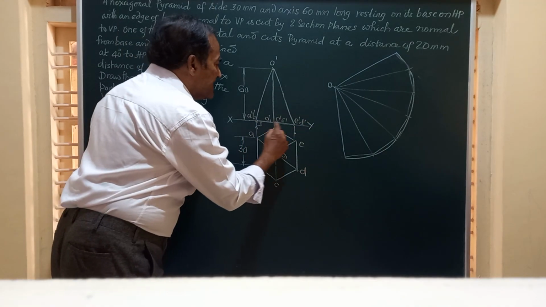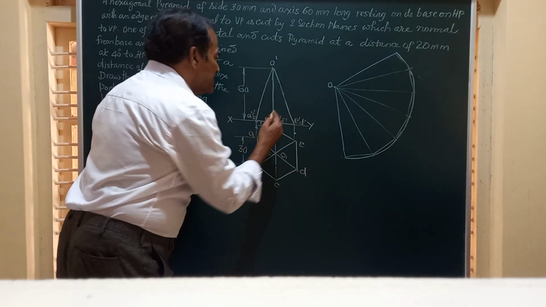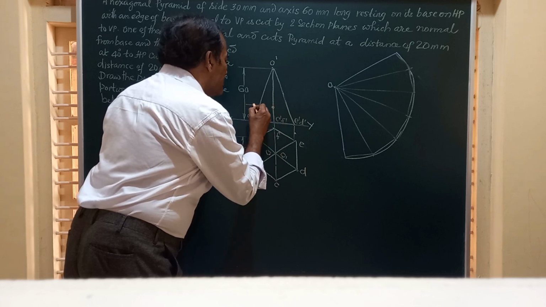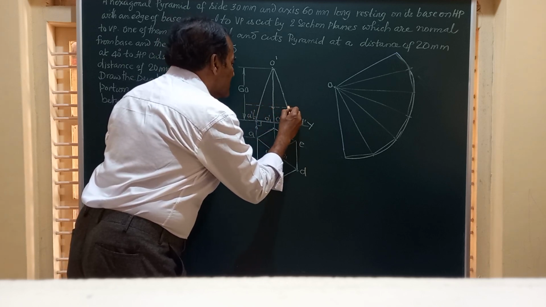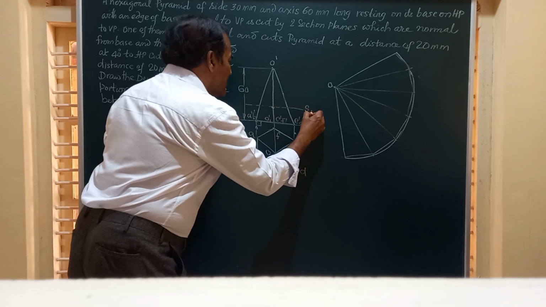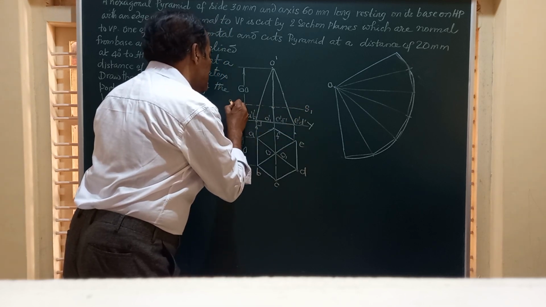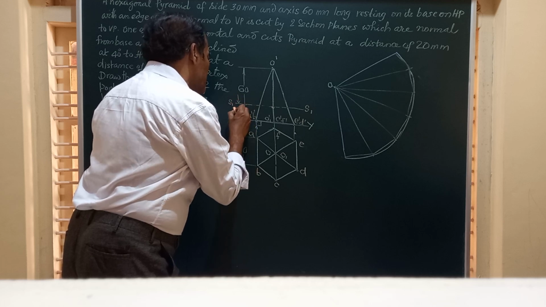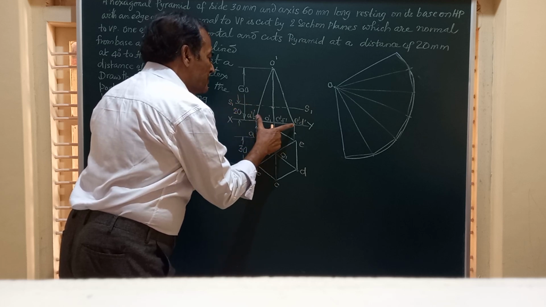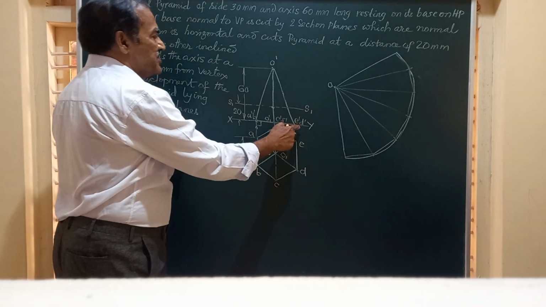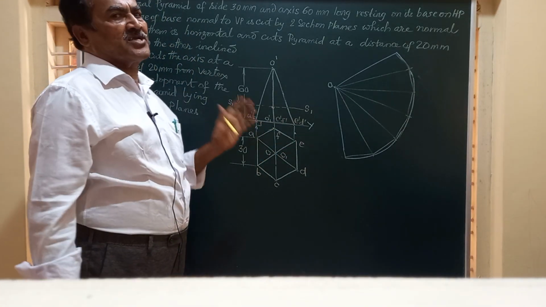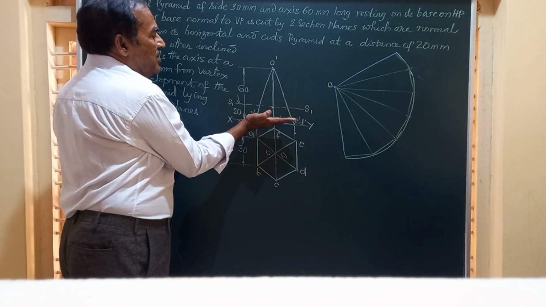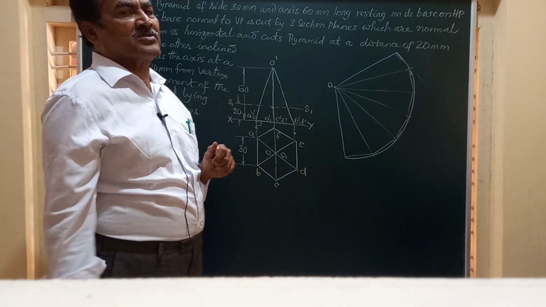So here this line represents the base and I will mark a line here at a distance of 20 millimeter from the base and call this section plane S1 S1, at a distance of 20 millimeter from the base A dash B dash A dash D dash. That is section plane 1. Very obviously this is perpendicular to VP and it is parallel to the base.